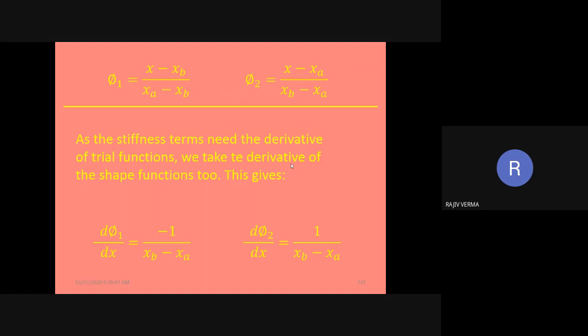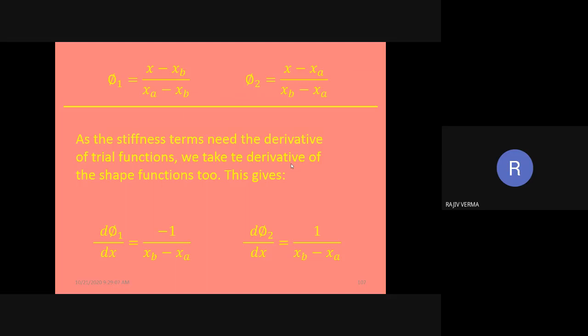The derivative of shape function number 1 is minus 1 by L, and the corresponding derivative of shape function number 2 is 1 by L, which obviously is a constant quantity. This is obvious also, because phi 1 was a linear expression of x, so was phi 2. So when you differentiate phi 1 with respect to x, what you get is a constant quantity.